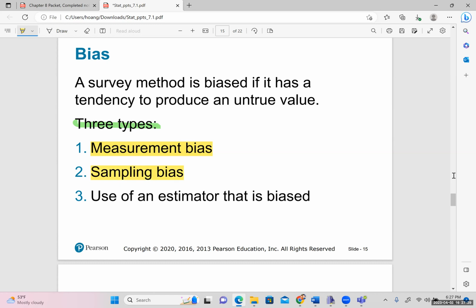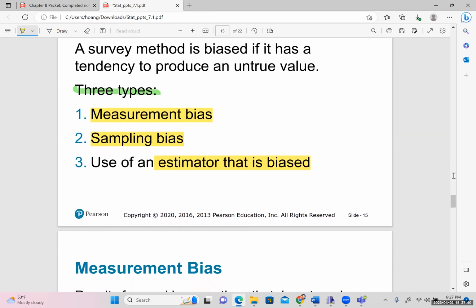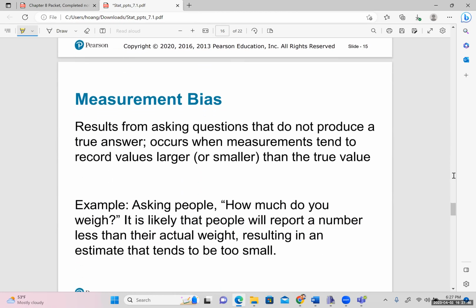And third, using an estimator that's biased. Let's go into detail on the first type, which is measurement bias. Measurement bias results from asking questions that do not produce a true answer.